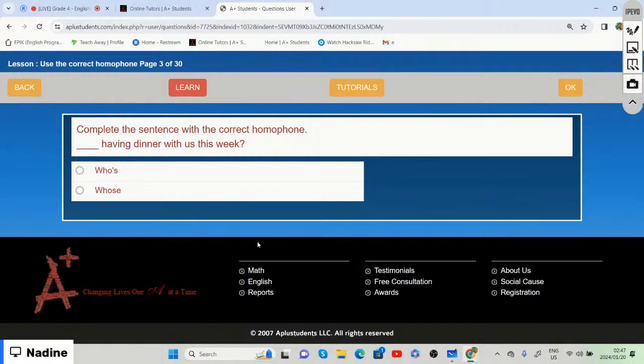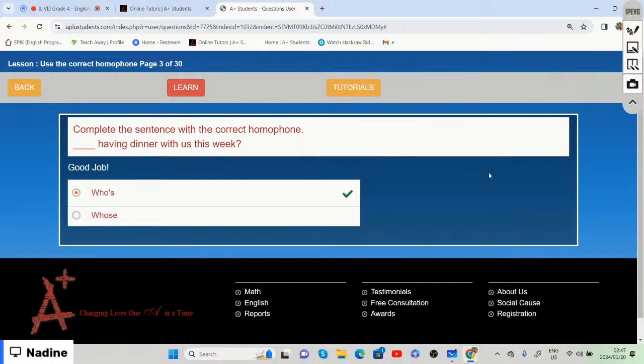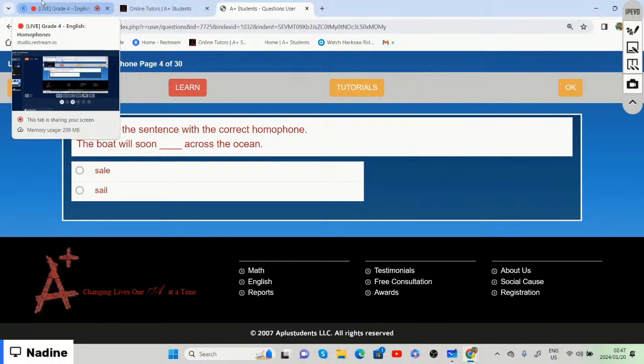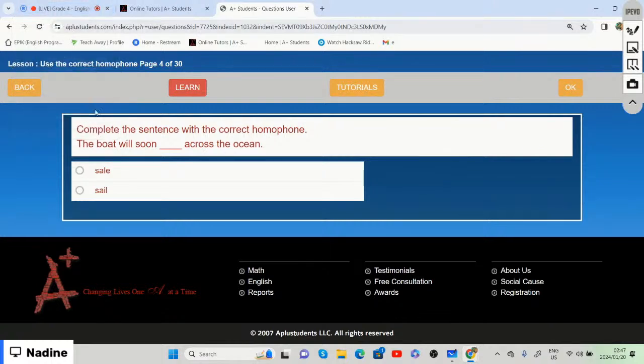And if we choose the correct one by saying who is having dinner with us, we'll say the first one. Who is or who's having dinner with you, right? Because remember, it's like asking who is, right? That is why we chose the first one. Who's, it's like asking who is having dinner with us.